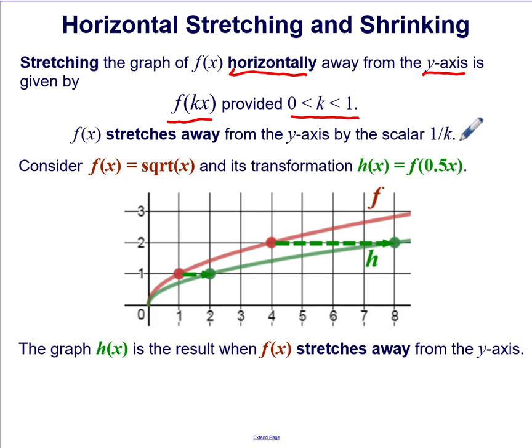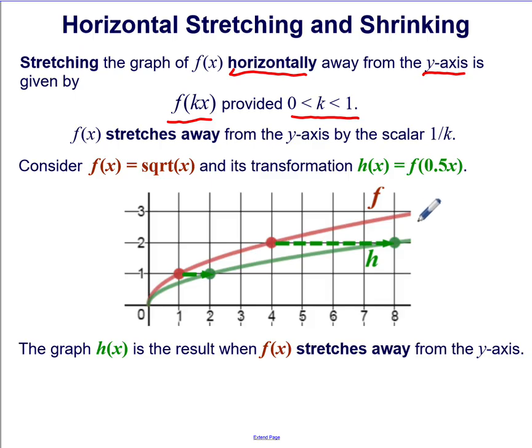and 1. Continuing on with this discussion, f of x stretches away from the y-axis by a scalar of 1 over k. Let's consider f of x is equal to the square root of x and its transformation, h of x is equal to f of 0.5x. So this red graph here is the original function f, the graph of the square root function.